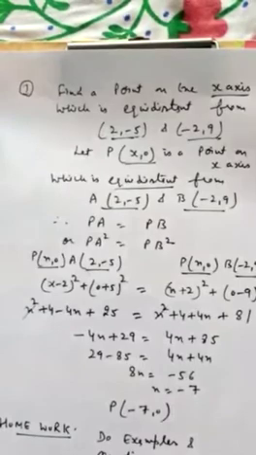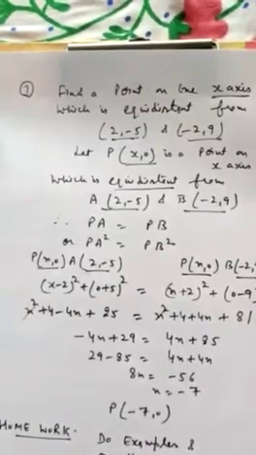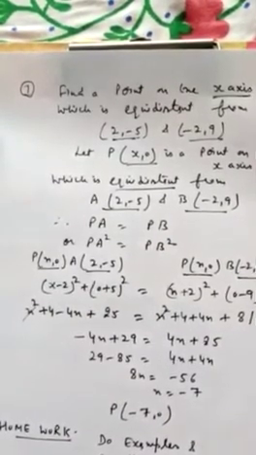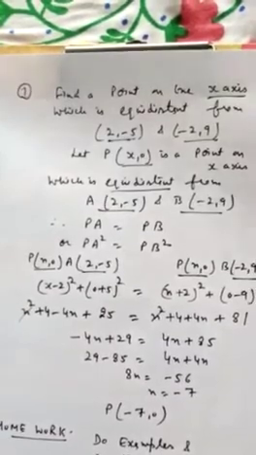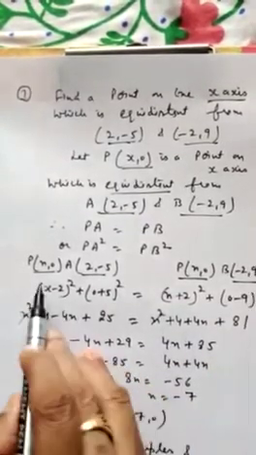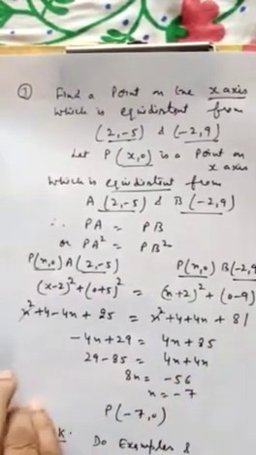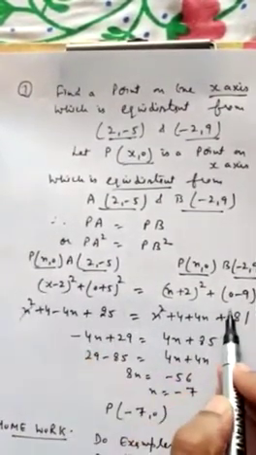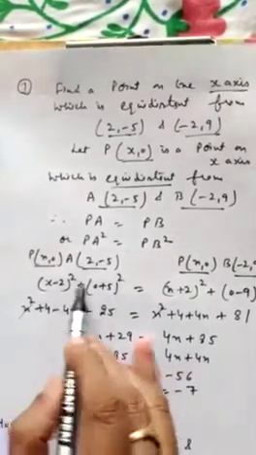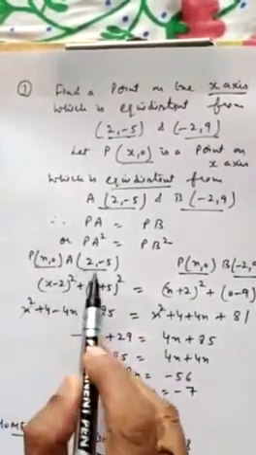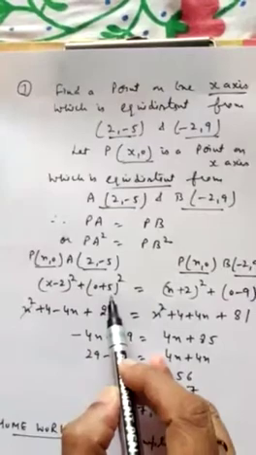To remove the square root, we can do squaring, or we can say PA square is equal to PB square. So we apply the distance formula to P and A, and P and B. When we apply PA square equal to PB square, it becomes (x minus 2) whole square plus (0 plus 5) whole square.